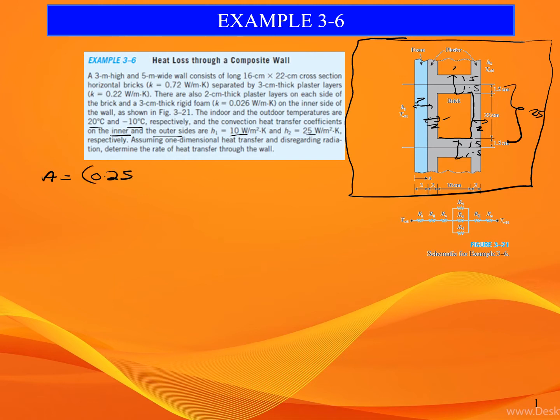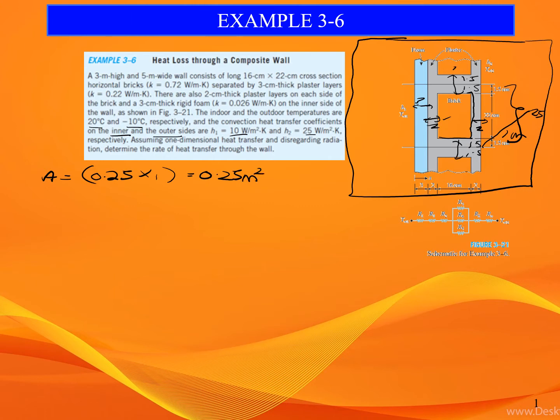For the cross-sectional area, the height we need to times with the width, right? This width we don't have any information, but we can assume it. For easy calculation, we just assume this width is around 1 meter, so just times 1. So the area would be 0.25 meter square.